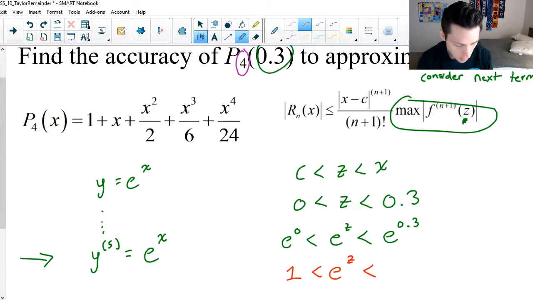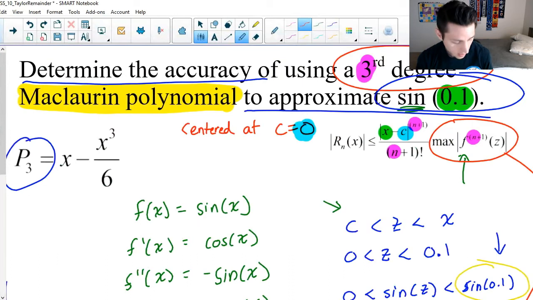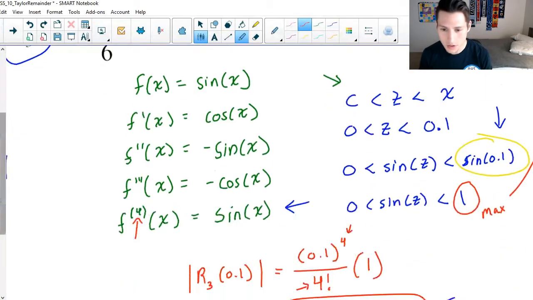Does that make sense? Our last one was sine, right? We were approximating the sine function. So if I'm trying to approximate the sine function, I don't then want to have the sine function in part of the calculation for my approximation.